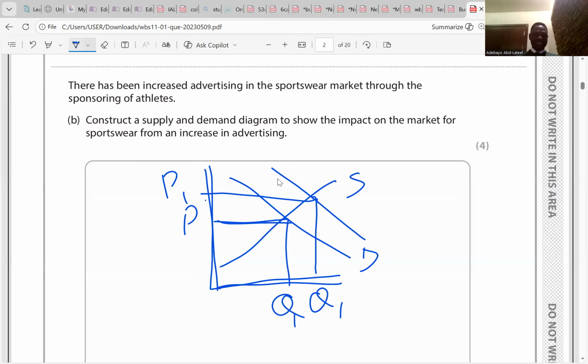So that's a typical demand curve. Sorry about the drawings anyway. The question is to construct a supply and demand diagram to show the impact of advertisement. An increase in advertisement will shift the demand curve rightward from D. So this will be P, this is Q1, and this is D and D1. The price increases because the quantity increases and there's a rightward shift in the demand curve. So that's question B.